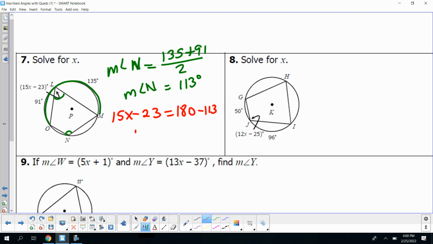So we have 15x minus 23 equals 67. Add the 23 to both sides. We have 15x equals 90. And then divide by 15, and we have x equals 6. So it said to solve for x, so that's our answer, x equals 6.